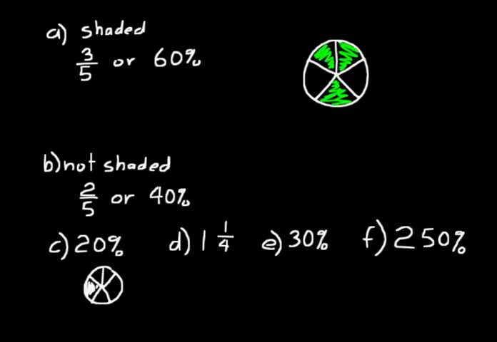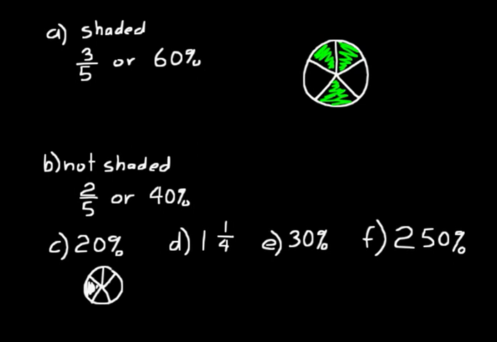Just do 5 and shade in one of them. Doesn't matter which one you shade in either. It's just representing 20%. If you want to go ahead and pause the CD and work the rest of them, that might be a good idea.